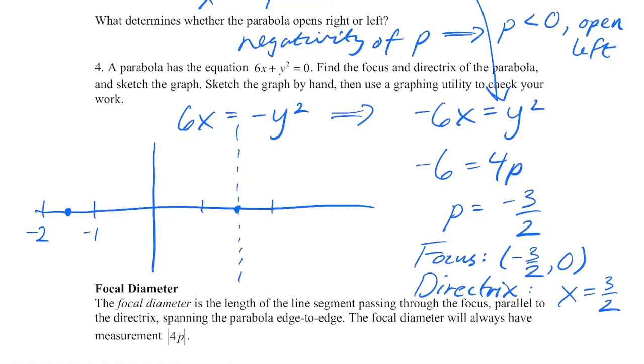So this is a reasonably large p-value, so we will have a pretty shallow parabola in play here. And we said, let's try to graph this with a graphing utility. So let's go take a look at it on Desmos. 6x plus y squared equals 0.